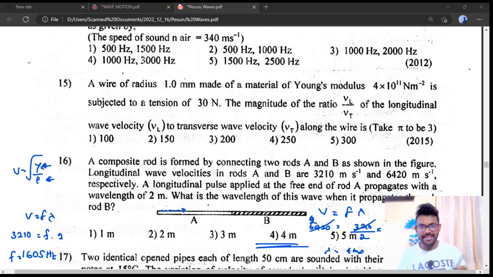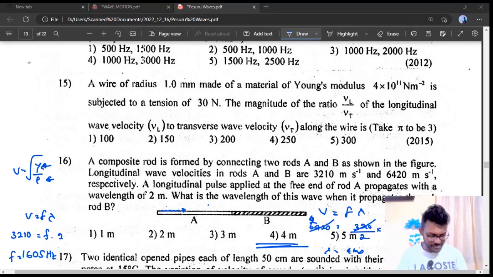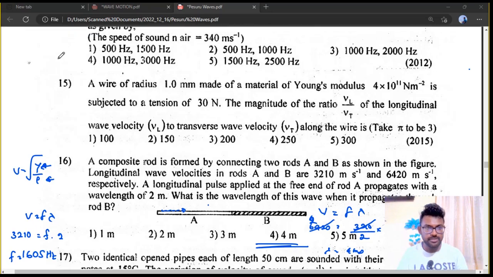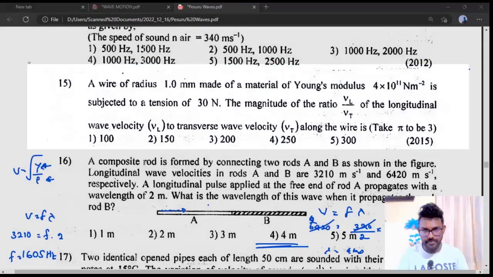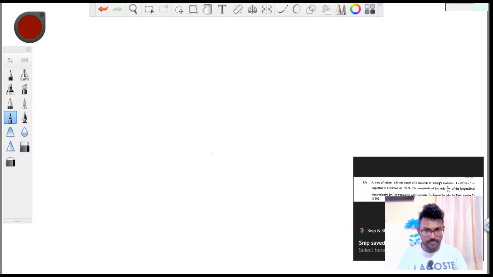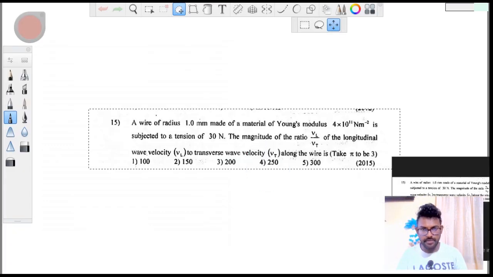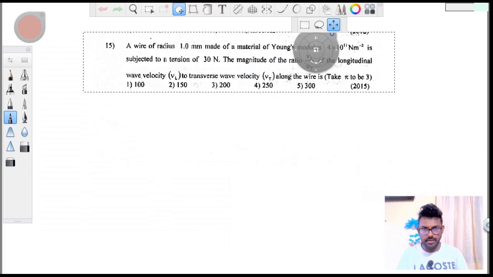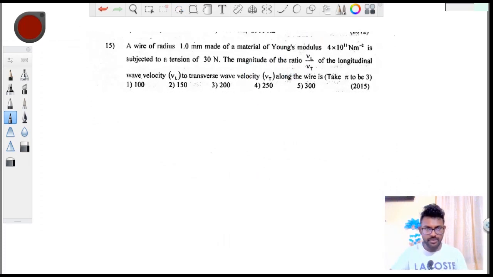All right, let me just grab the question to the board. So in this case, we should know how to write the equations for the longitudinal wave and the transverse wave, right?